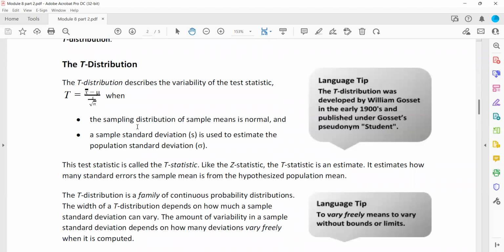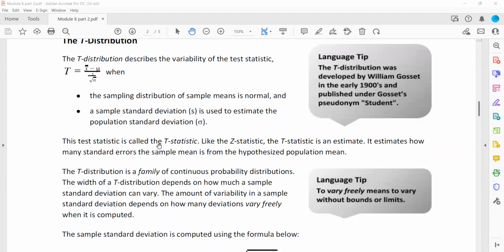So the T distribution describes the variability of the test statistic T, which is equal to x bar minus mu divided by s over the square root of n. The sampling distribution of sample means is normal, and a sample standard deviation s is used to estimate the population standard deviation sigma.